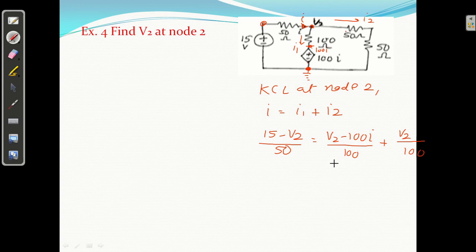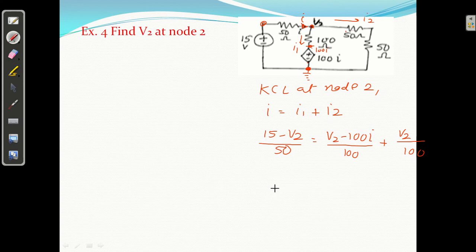Okay, so this is the way. Let me solve it. I'll take the LCM. Again, I want only one unknown, V2. This I is not unknown, but we will put its value later on.